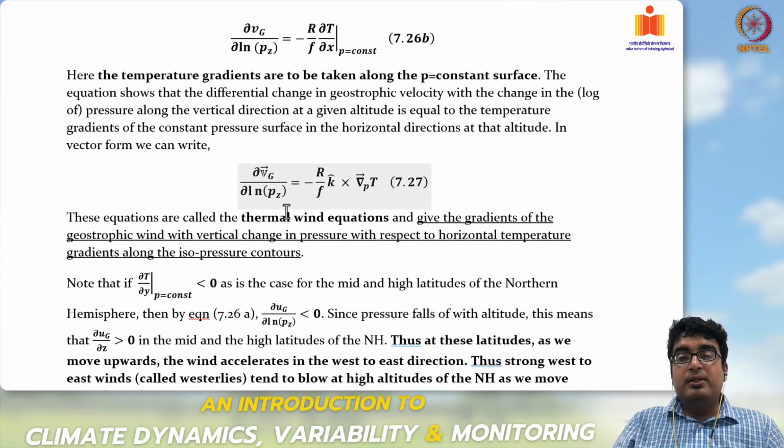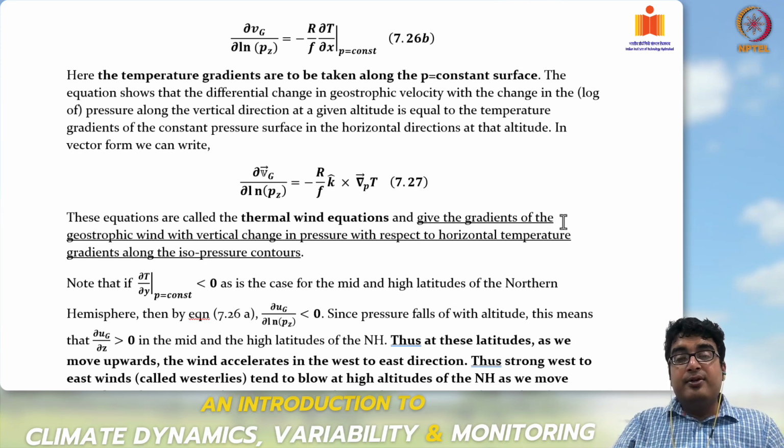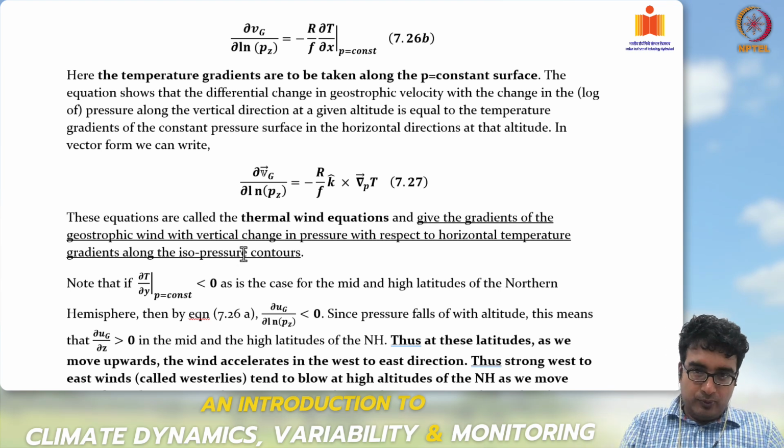These equations 7.26 and 7.27 are called thermal wind equations and give the gradients of the geostrophic wind with vertical change in pressure with respect to horizontal temperature gradients along isopressure contours. Okay.